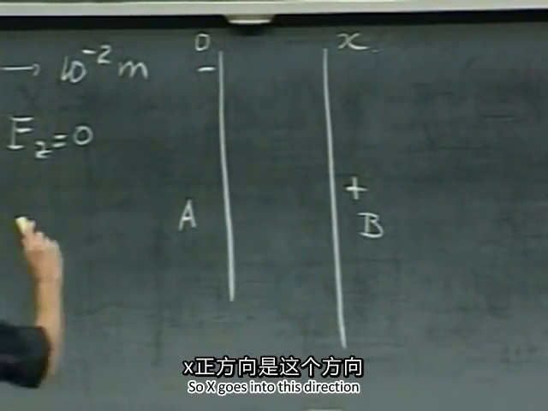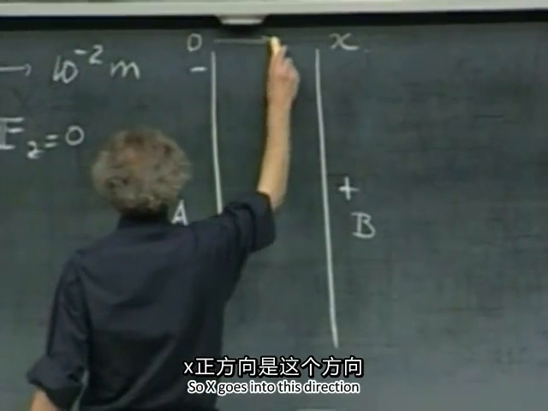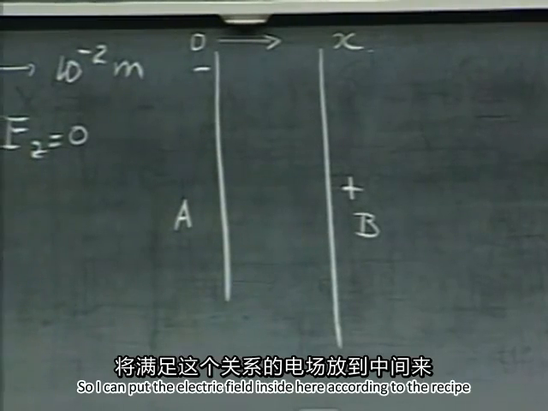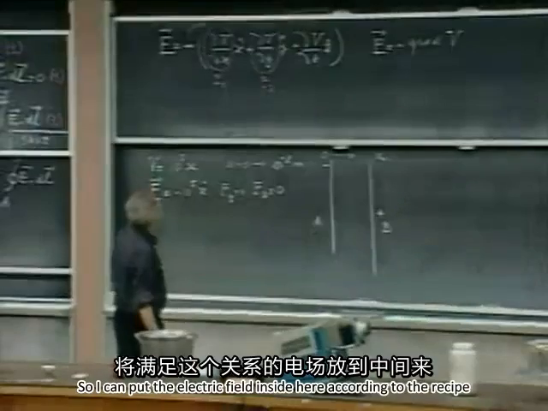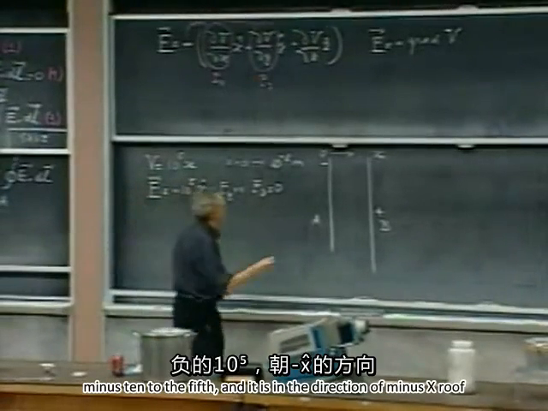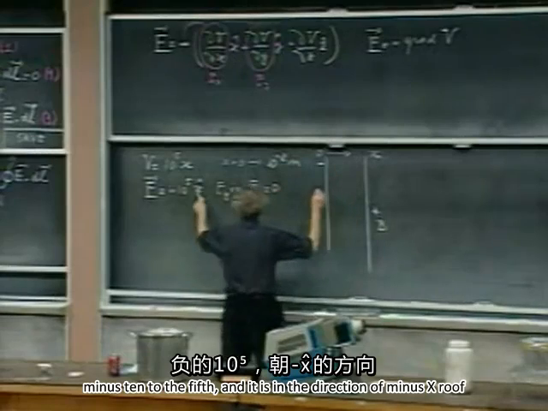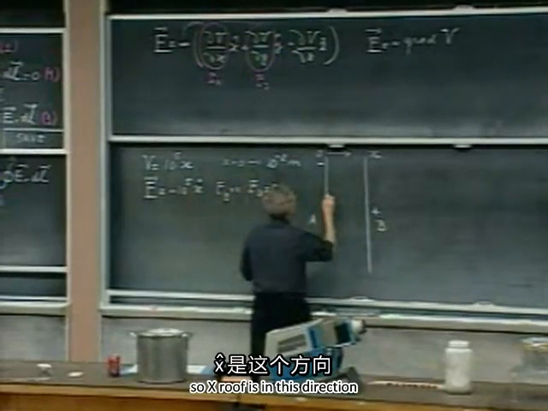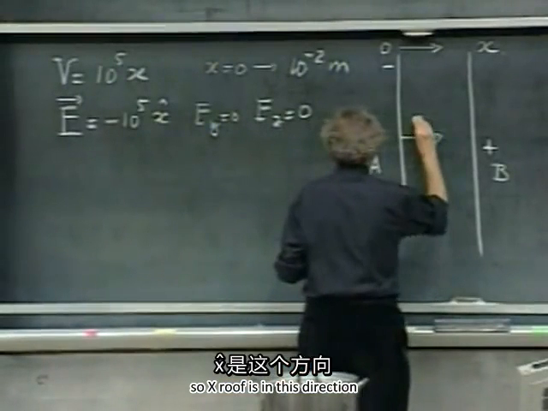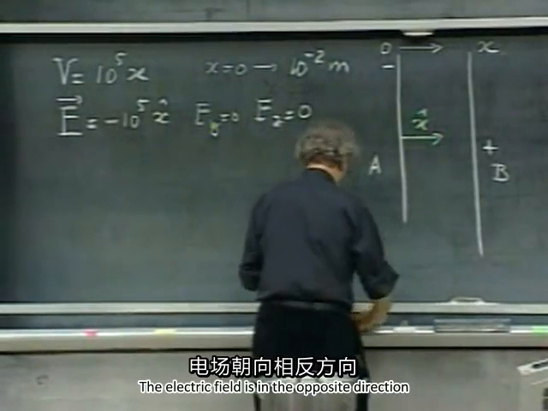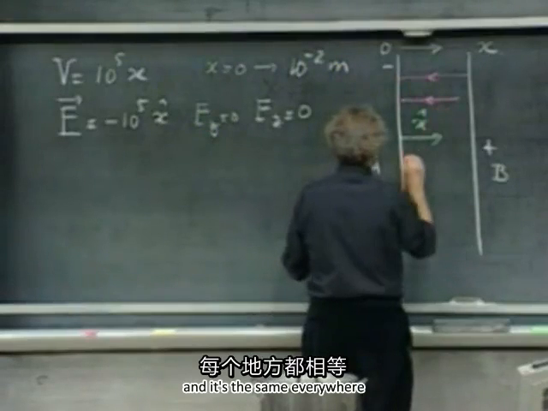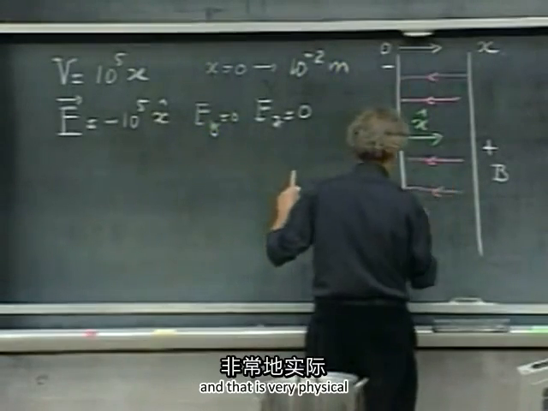So x goes in this direction. So I can put the electric field inside here, according to the recipe, minus 10 to the fifth, and it is in the direction of minus x roof. So x roof is in this direction. The electric field is in the opposite direction. And it's the same everywhere. And that is very physical.